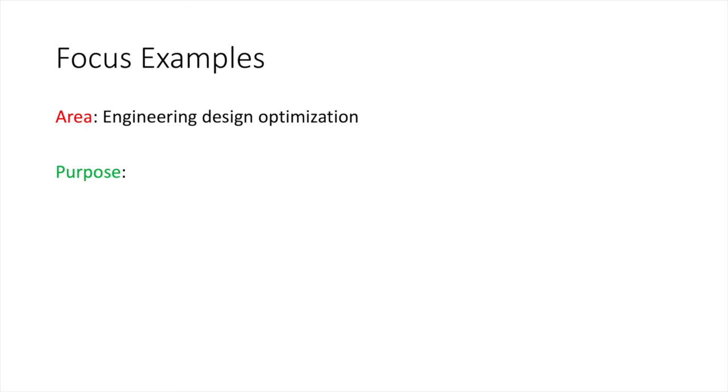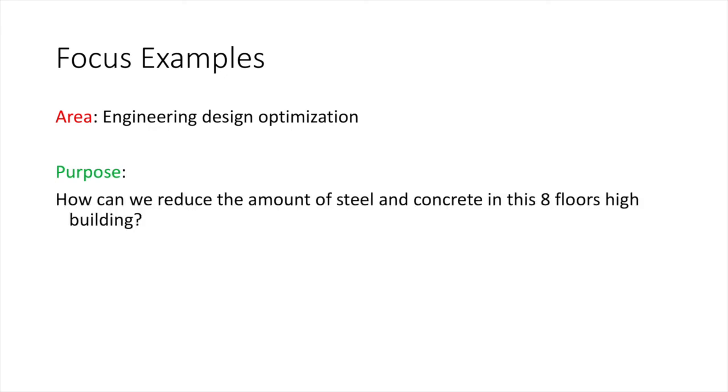Further, if we look at the area engineering design optimization, we might have several kinds of purposes. For example, how can we reduce the amount of steel and concrete in an 8-floor high building? This is a design focused purpose.